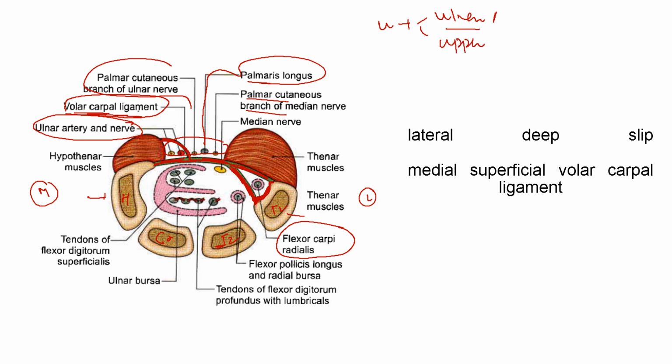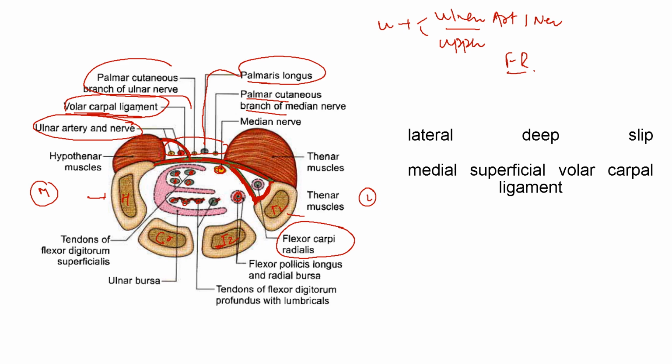So the ulnar artery and ulnar nerve lie on the upper side of the flexor retinaculum. Other structures like the median nerve, the tendons of flexor digitorum superficialis, tendons of flexor digitorum profundus, and the tendon of flexor pollicis longus lie inside the carpal tunnel, below the flexor retinaculum.